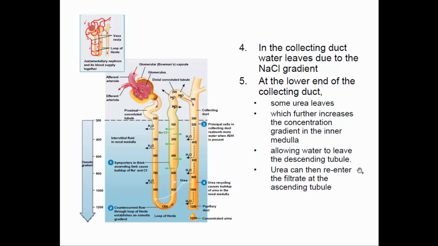And then urea can re-enter the filtrate at the ascending tubule. So obviously we don't want to keep absorbing that urea. So we've concentrated this urine down to 1200 milliosmoles per liter.